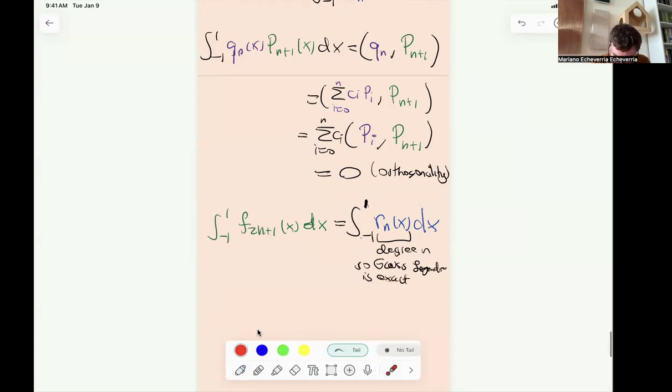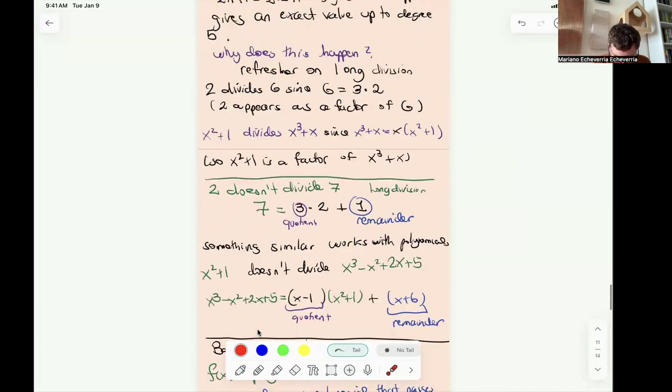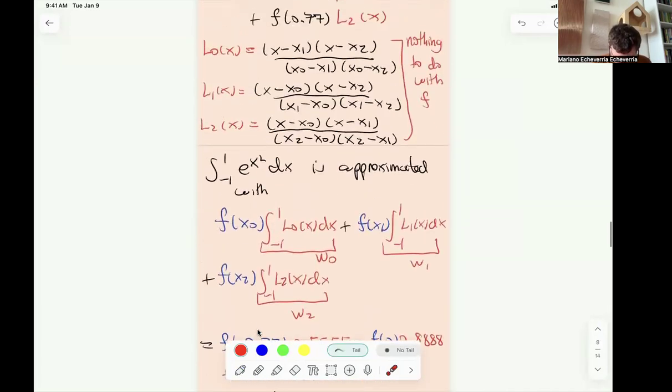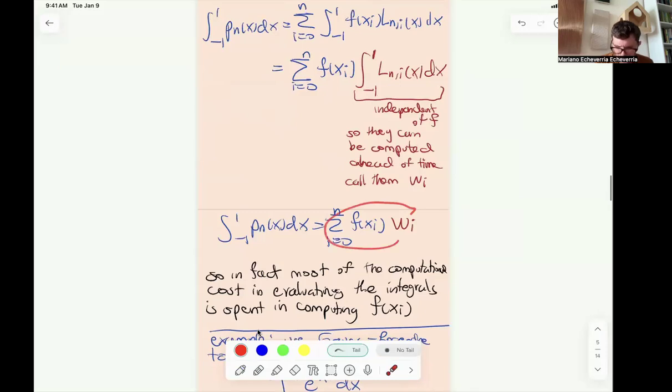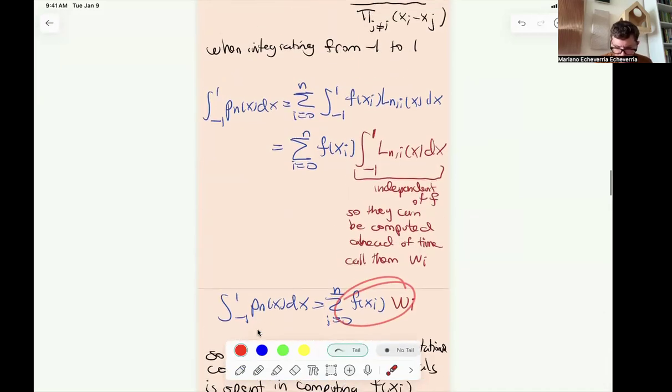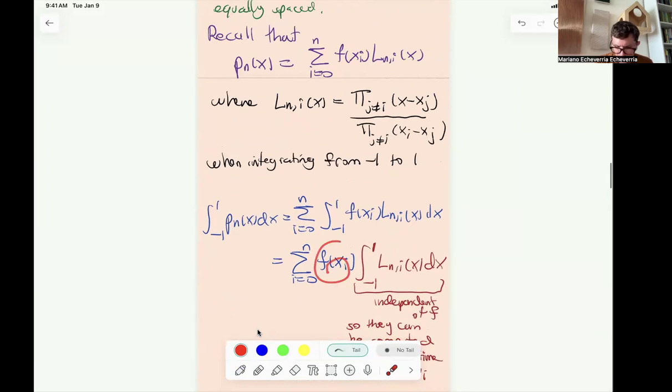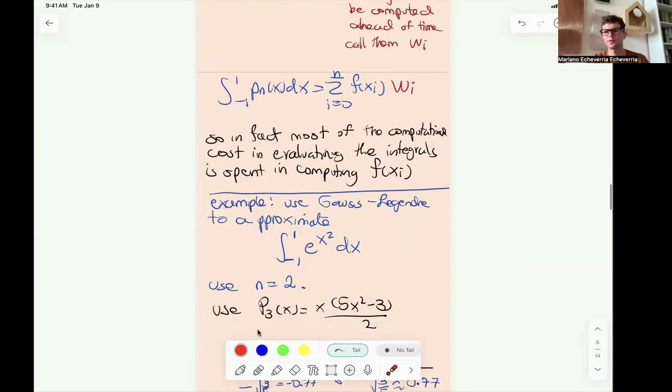So this is just the same as what we had before. It's the value of the function times the weights, because Gauss Legendre is exact. It's just that the function here happens to be r, not f.